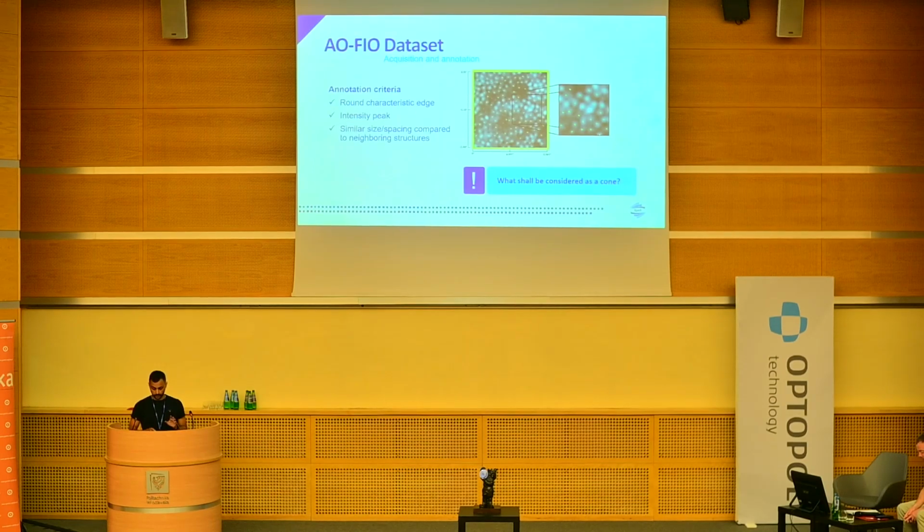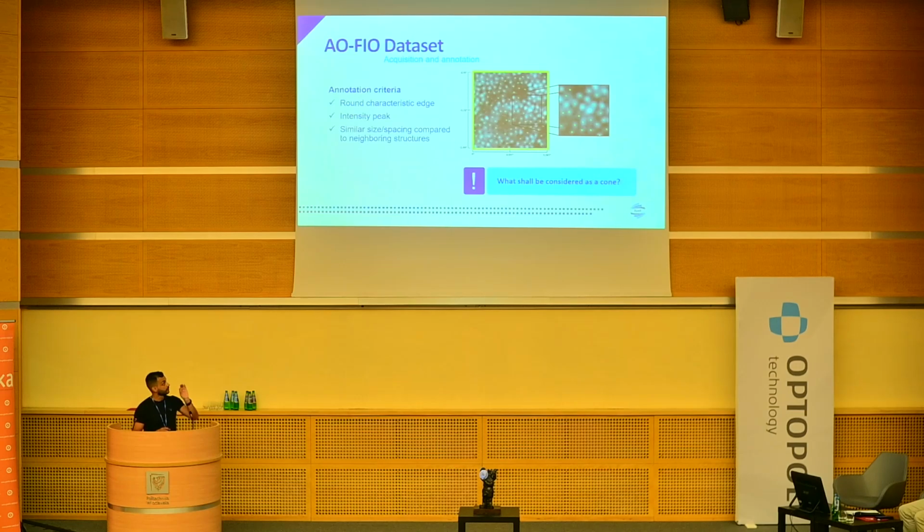Then the question was, what kind of metric can we use to evaluate the performance of our model or to compare the results of the graders? Because as you can imagine, it's such a problem when you do the annotation, even if you are just a few pixels from the center of the cell, it's still the same cell, but other metrics like the dice score will not work.